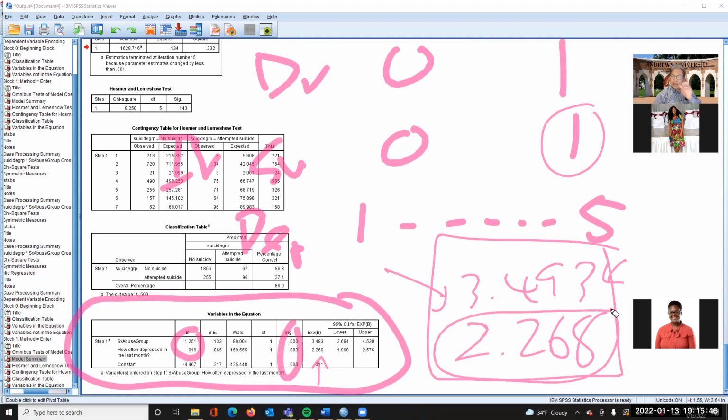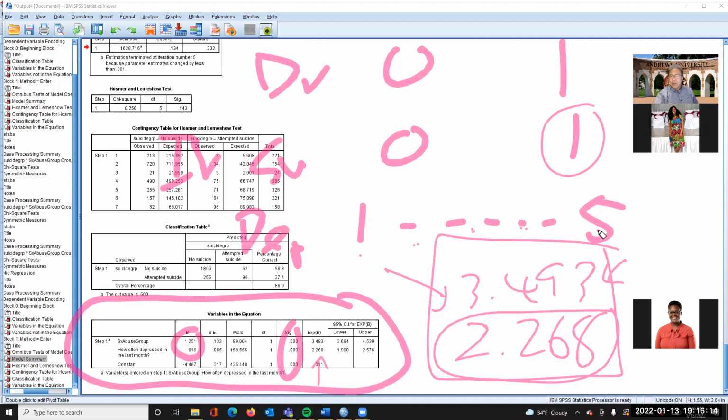What that means is this. For every unit increase in depression, in other words, you go from 1 to 2 or 2 to 3 or 3 to 4 and then 4 to 5, the odds of attempting suicide is 2.3 times more likely.